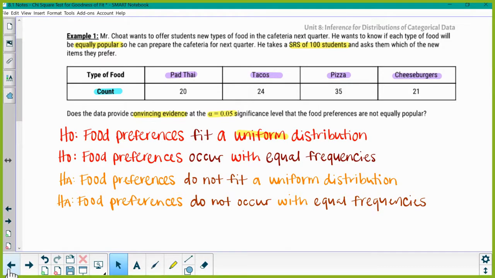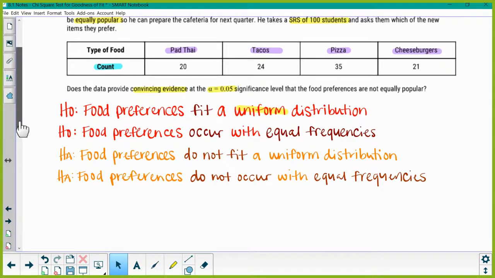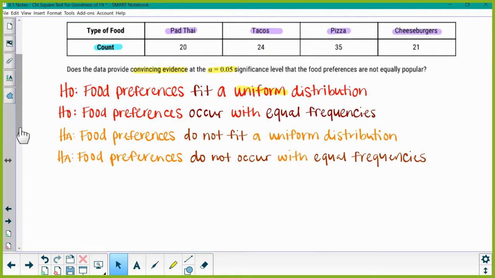This is the only one where I wrote it in both ways, but I did want to introduce you to that term. And I generally like to try to fit in the fit and does not fit into my hypotheses so that I can kind of reiterate to myself that I am doing a goodness of fit test.